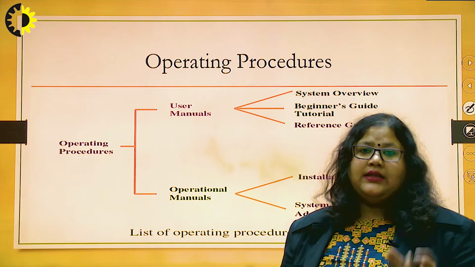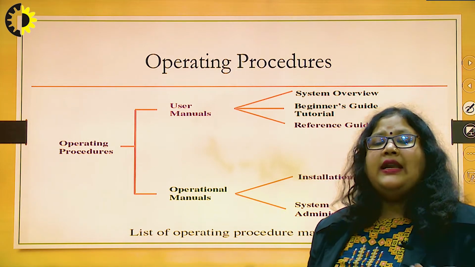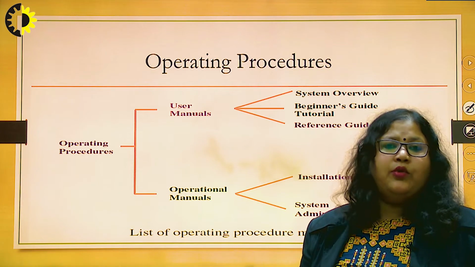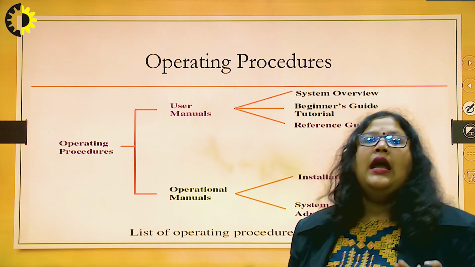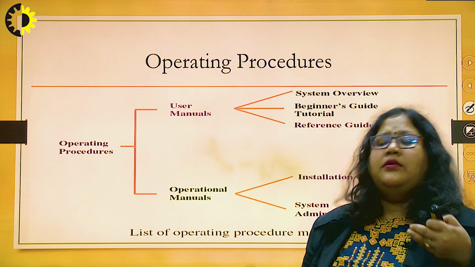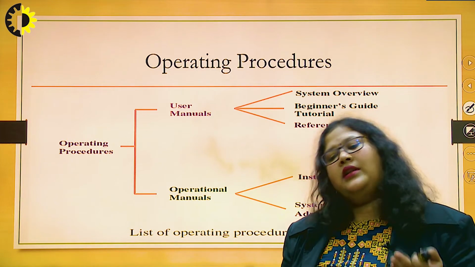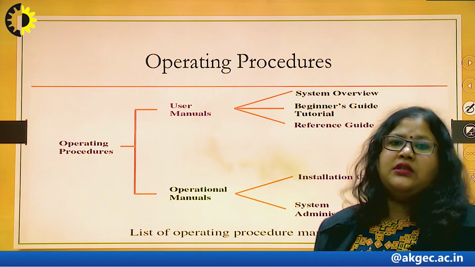The beginner's guide means, suppose we have to define any software, we define a tutorial book with respect to that particular subject. And the reference guide means we define the system with the respective book that we use to describe that particular subject.